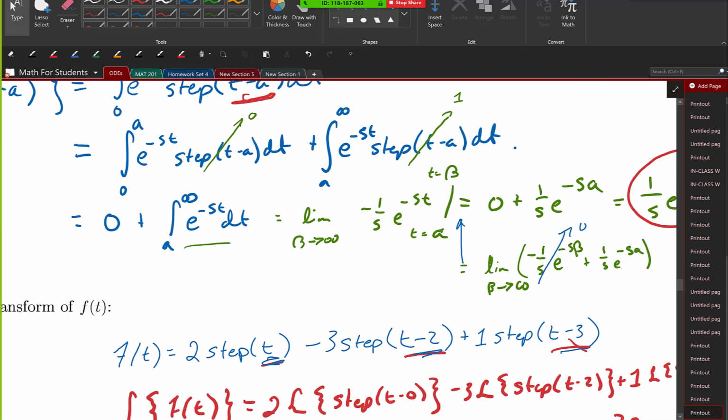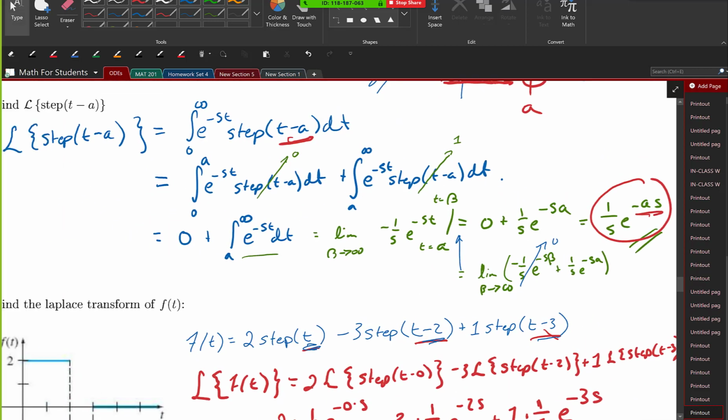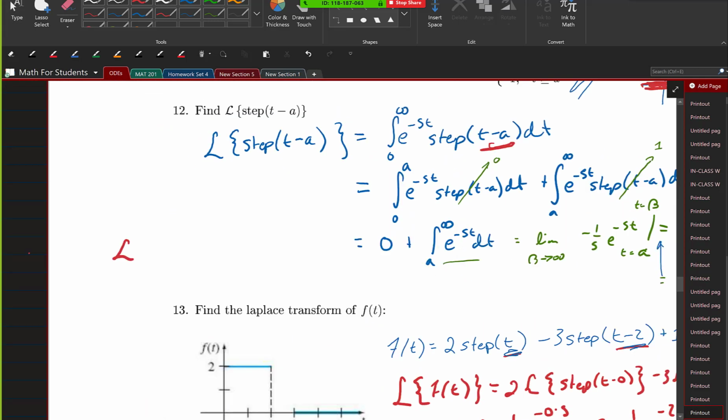So again, the rule is that the Laplace transform of the step function of t minus a is e to the minus as over s.